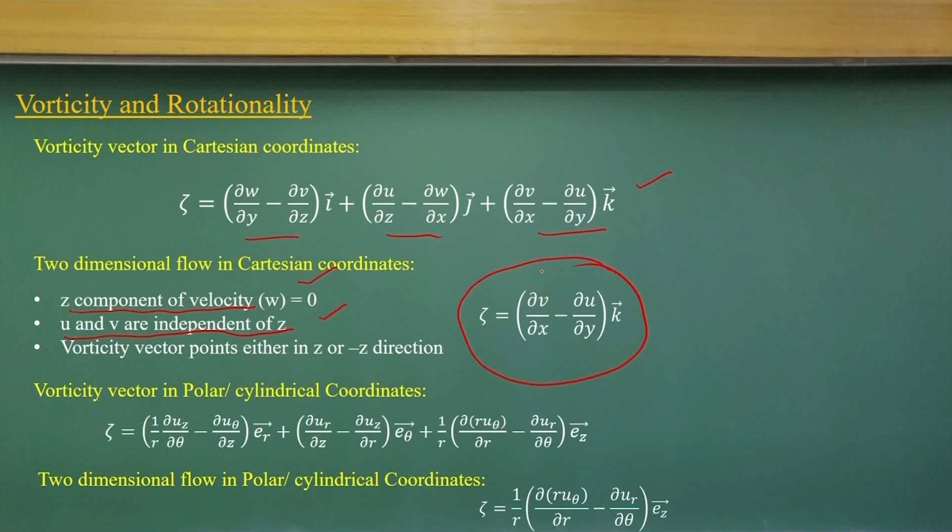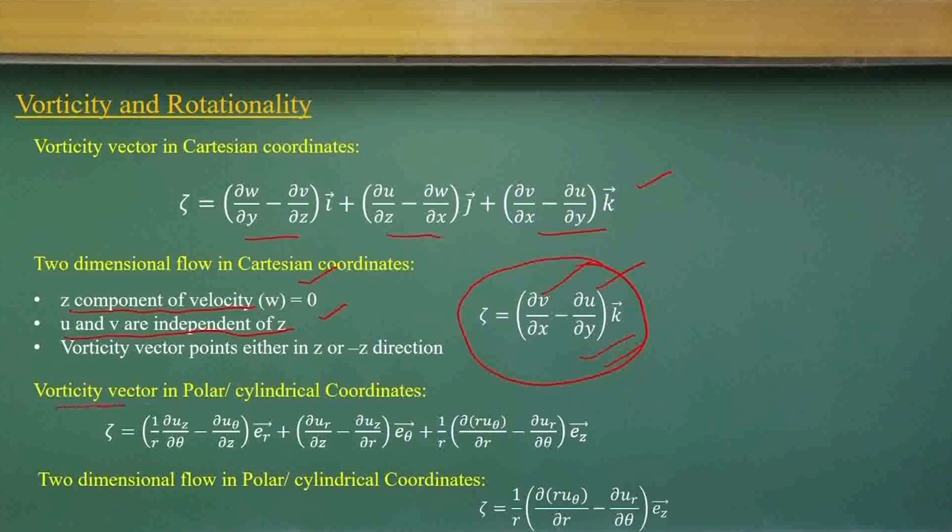Many flows can be defined as two-dimensional flow, which is easy to visualize and understand compared to three-dimensional flow. The vorticity can be defined in terms of the partial velocity gradient components in x and y directions, and k indicates the vorticity direction, the z direction.